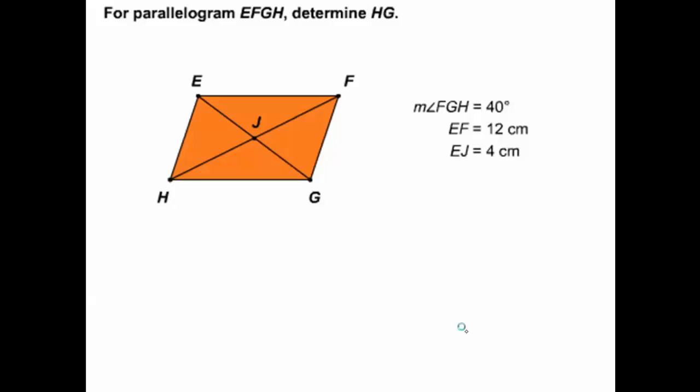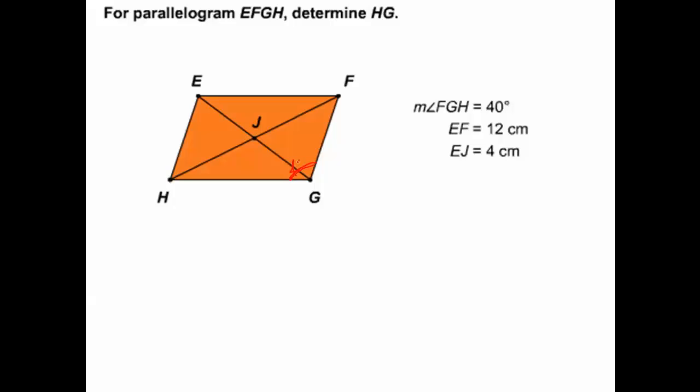Okay, for this it says for parallelogram EFGH, determine HG. When they say determine HG, we're going to bet that they're wanting us to say what the length of HG is. Well, they're telling us that the measure of angle FGH is 40 degrees. So FGH, that would be this whole angle right here, is 40 degrees.